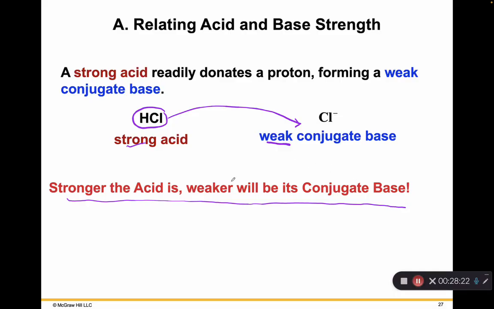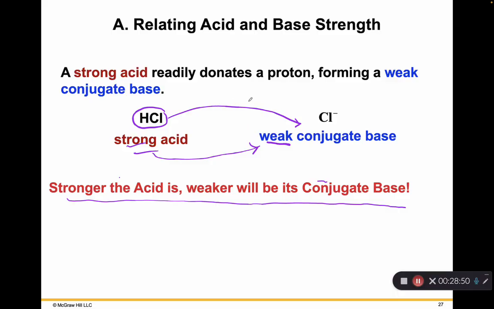This will be helpful whenever we are comparing two acids and then comparing their conjugate bases. The stronger acid will always have the weaker conjugate base, or we can say the weaker acid will have the stronger conjugate base in comparison.